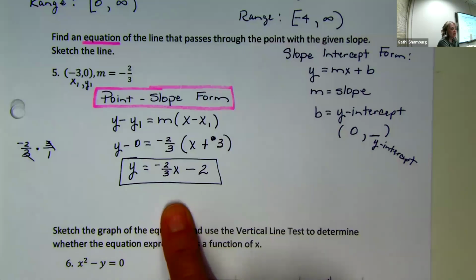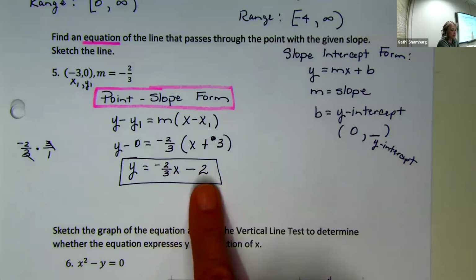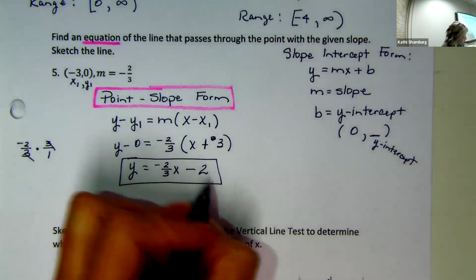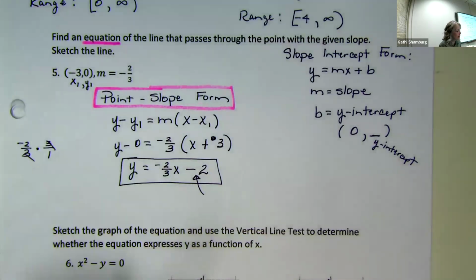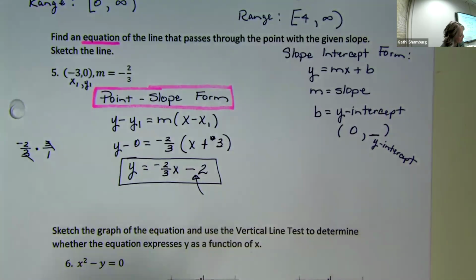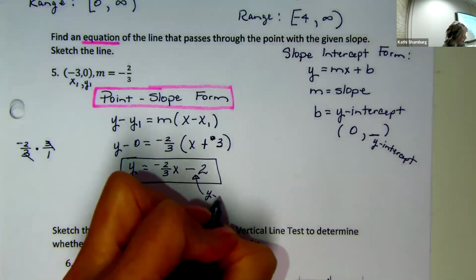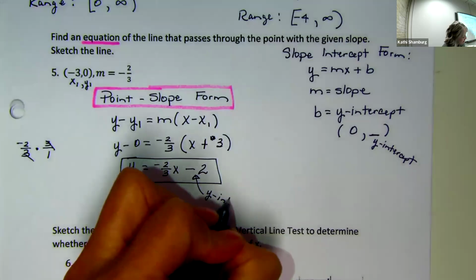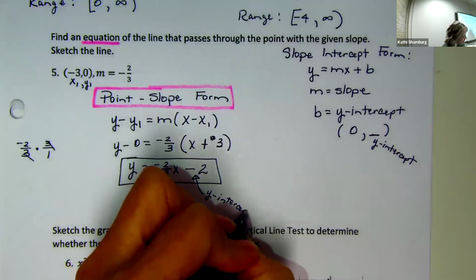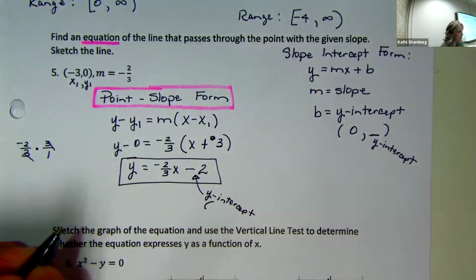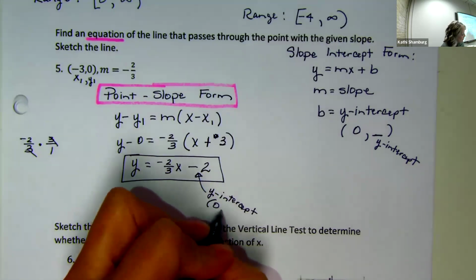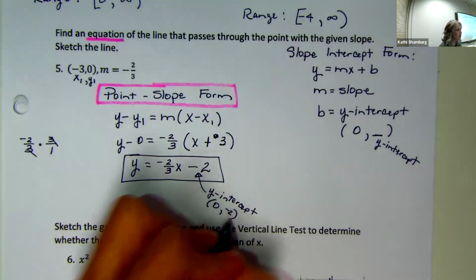We know the slope is -2/3. What do we know now? What is this point right here? Because now I'm in slope-intercept form, this is your y-intercept. At the y-intercept the x-coordinate is 0, so the y-coordinate would be -2.